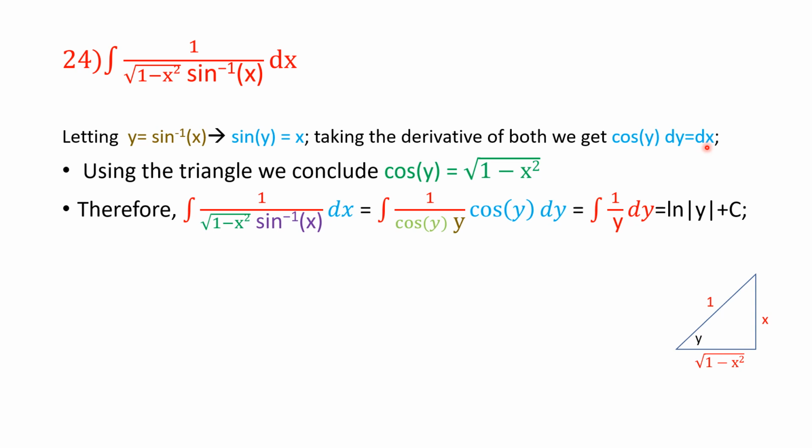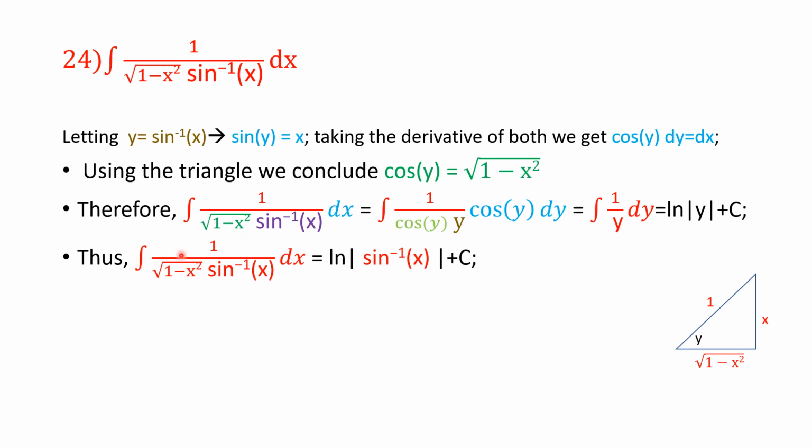So we're going to replace dx by cosine y dy. Now we can see that cosine y cancels cosine y. And what we'll be left with is this integration of 1 divided by y dy. And that integration should be equal to ln of the absolute value of y plus constant.